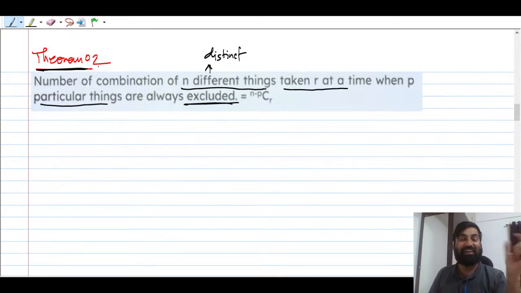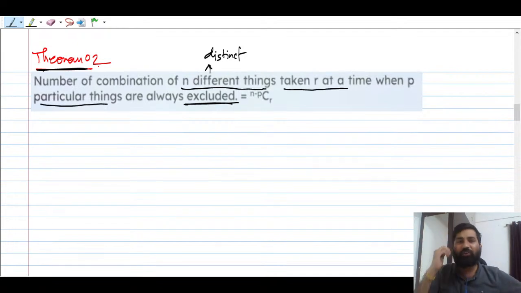You can understand, Yuzvendra Chahal was always excluded here in this tournament, right? So that guy was already excluded. So number of combinations of n different things taken R at a time when P particular things are always excluded, right? So n minus P C R, that is going to be n minus P C R.